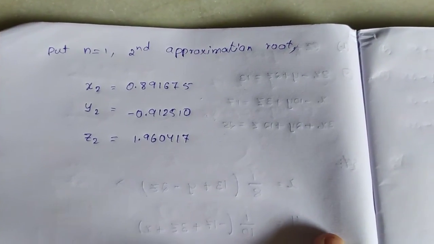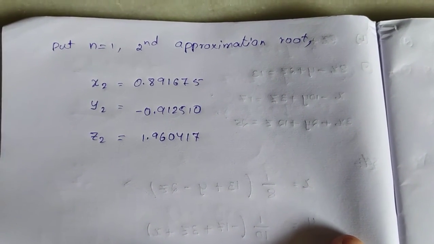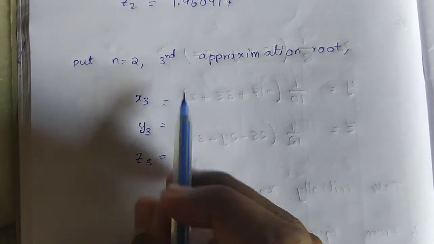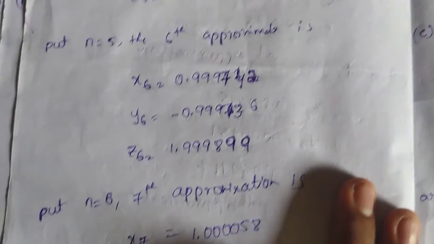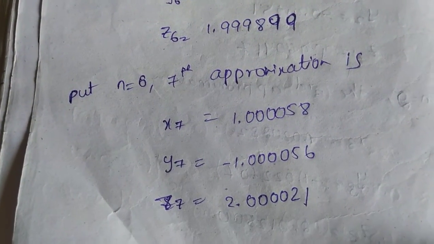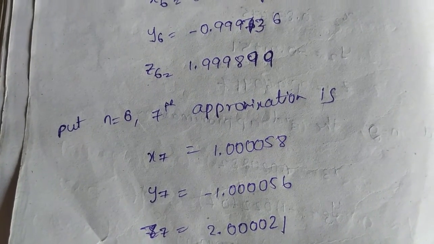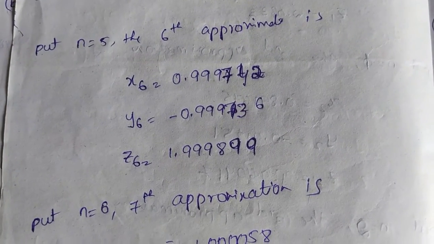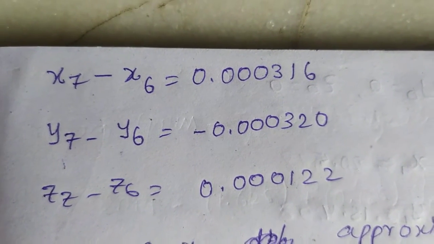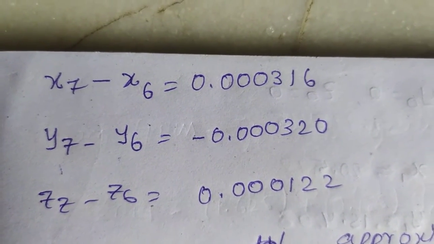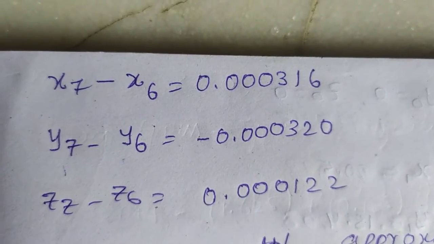That is, after the point we should get at least minimum 3 zeros. Now we have done up to the 7th approximation. Let us calculate the difference between the 7th approximation and the 6th approximation. See, the difference obtained between the 7th and 6th approximation roots is negligible. That is, after the point we have obtained 3 zeros.